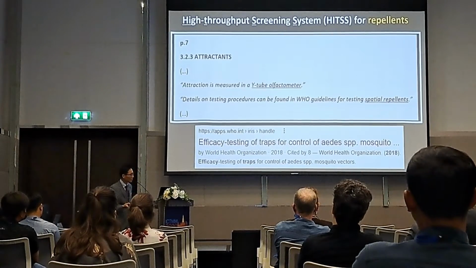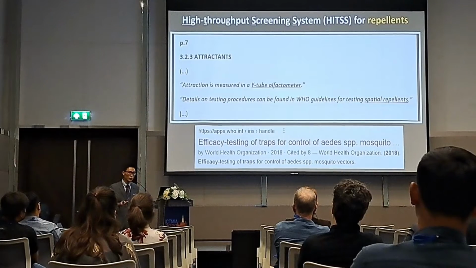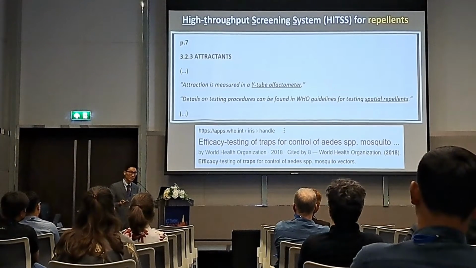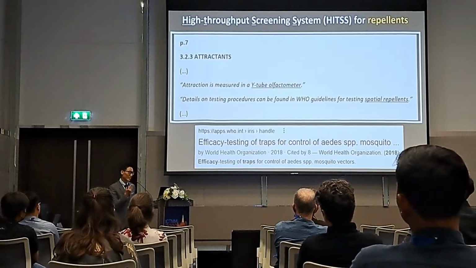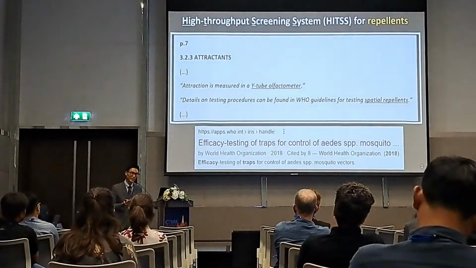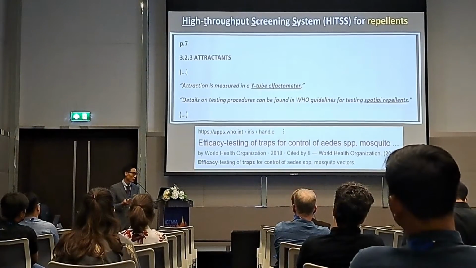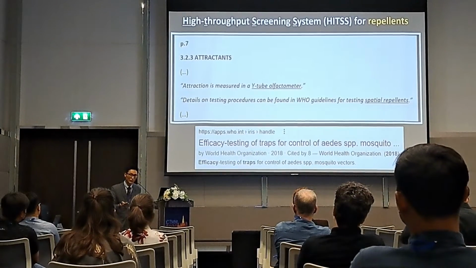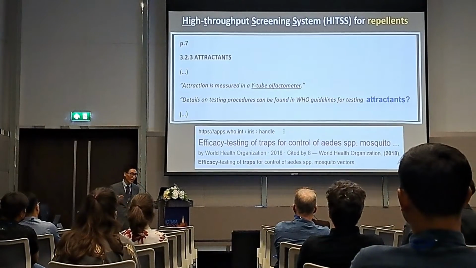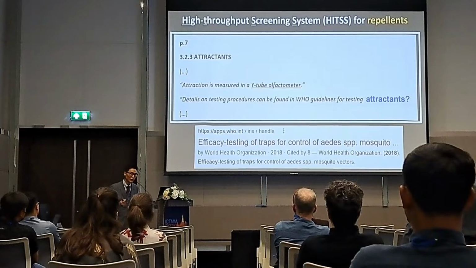However, this guideline mentioned the wind tube or olfactometer and explained all the details about attractant development. It mentioned HSA only by referring to the previously published guideline for spatial repellents. So my supervisor asked me, why don't we add one more function for attractants to this device?